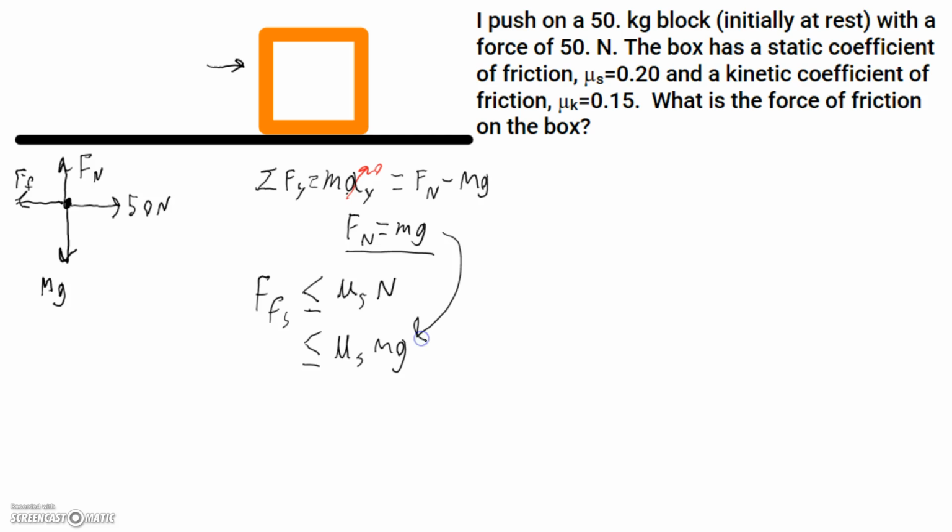This is plugging in the normal force. And so then we could plug in our numbers, and we get the static force of friction is less than or equal to 98.1 newtons.